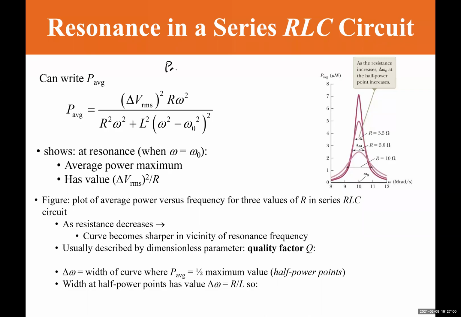Remember, the average power equals I RMS squared times resistance, but also delta V RMS squared over the impedance squared times resistance, because that's what this is. That means I RMS is the voltage over the impedance ratio. So we end up with that.